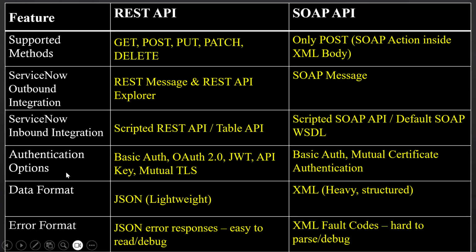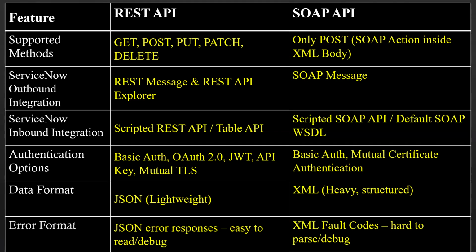Basic authentication means username and password in Base64 encoding. OAuth means open authorization, using Google, LinkedIn, etc., with tokens instead of passwords. JWT means JSON Web Token, an encrypted token passed in a header like an authorization token. WS-Security means web services security, a SOAP-only security standard that includes authentication, encryption, and digital signatures.